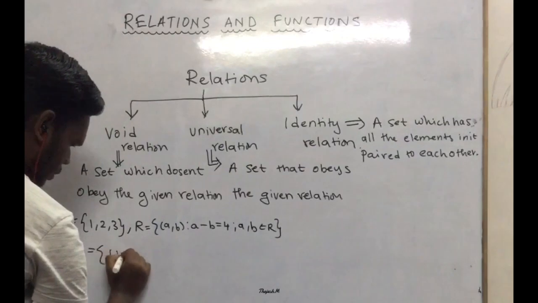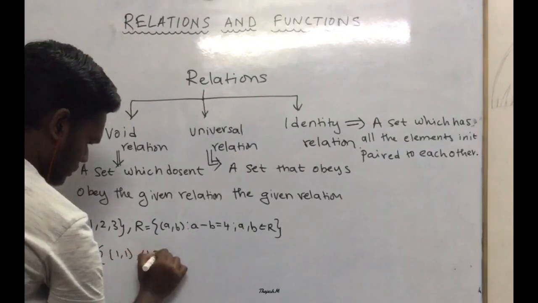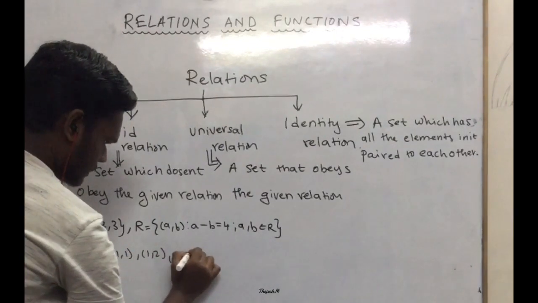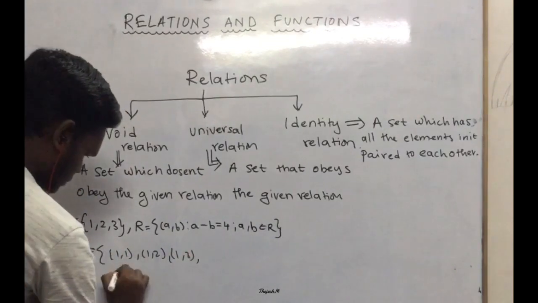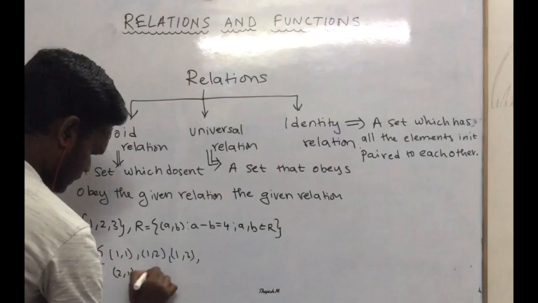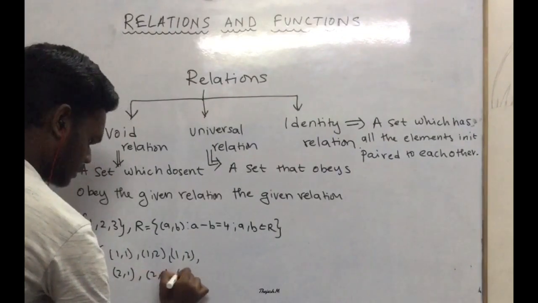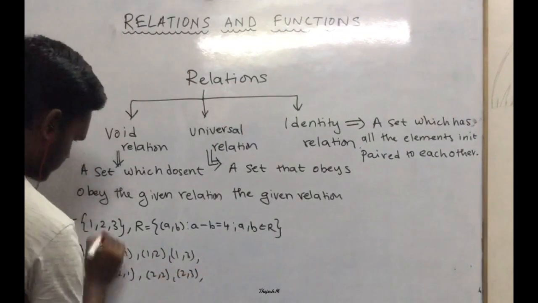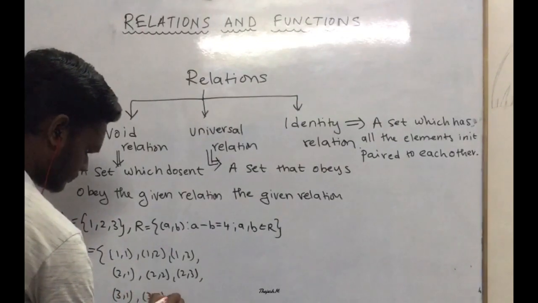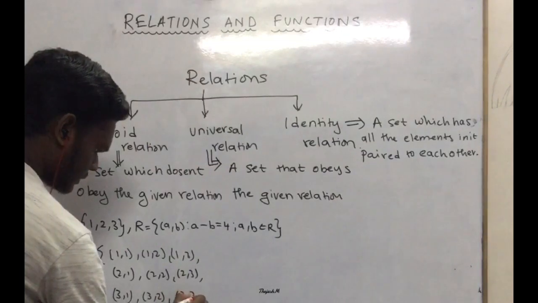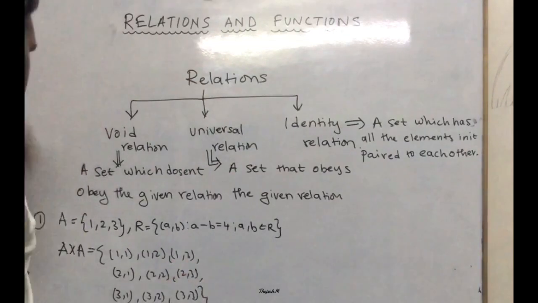A cross A is equal to (1, 1), (1, 2), (1, 3). Next, (2, 1), (2, 2), (2, 3), and with 3, (3, 1), (3, 2), and (3, 3).